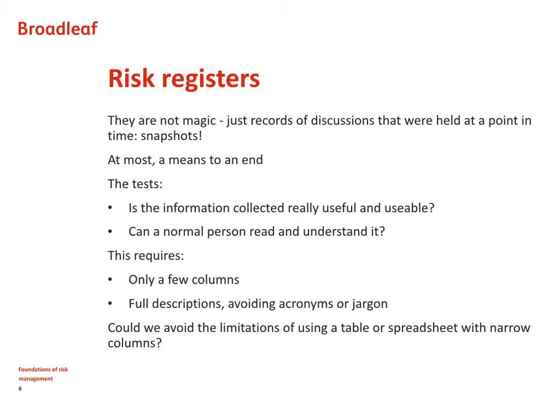And quite frankly, organisations generate much too much information in their risk registers, much of which is never ever used again. The test has to be, could a normal person sit down and read across the page in a risk register and understand it clearly? And really this requires just a few columns and some fairly full descriptions where we avoid jargon or acronyms.